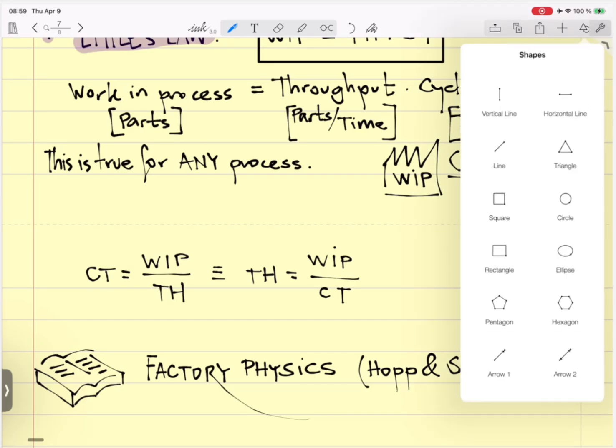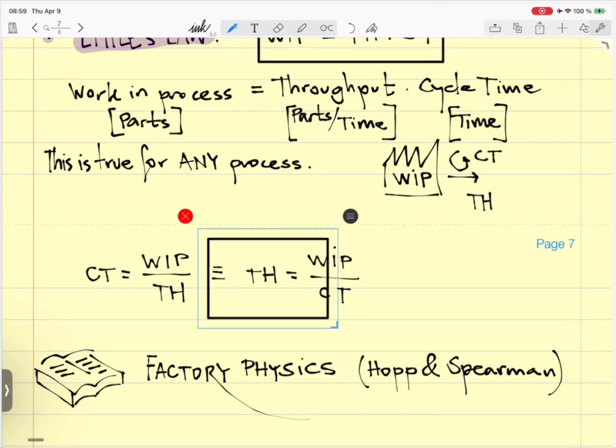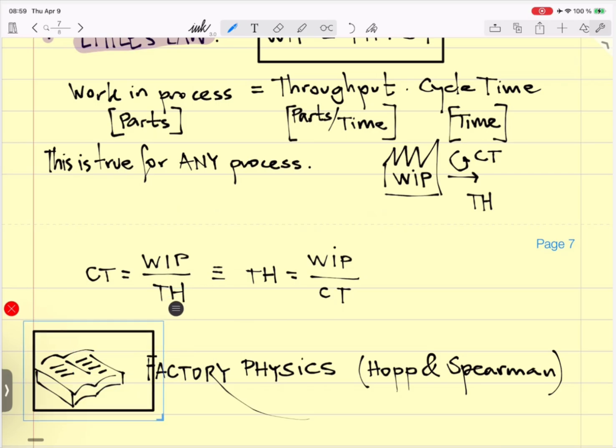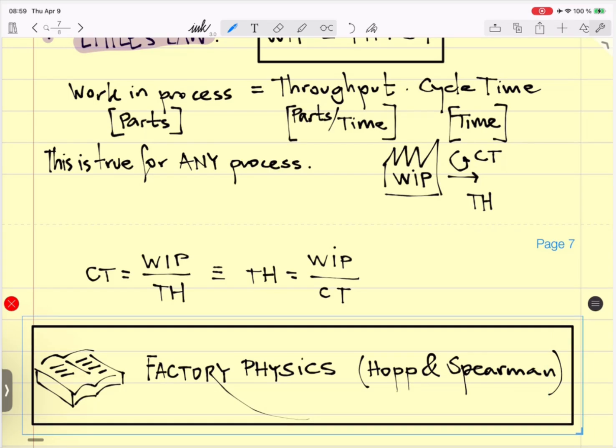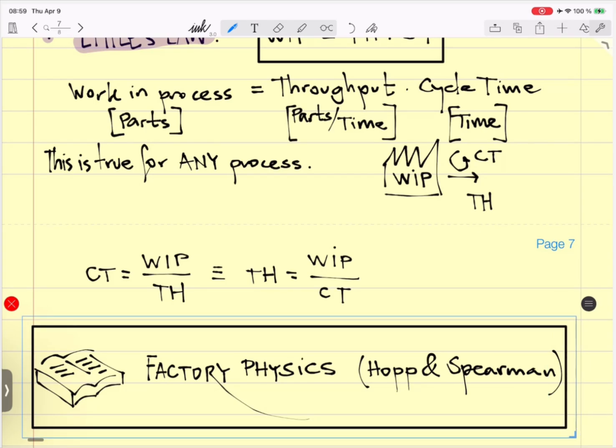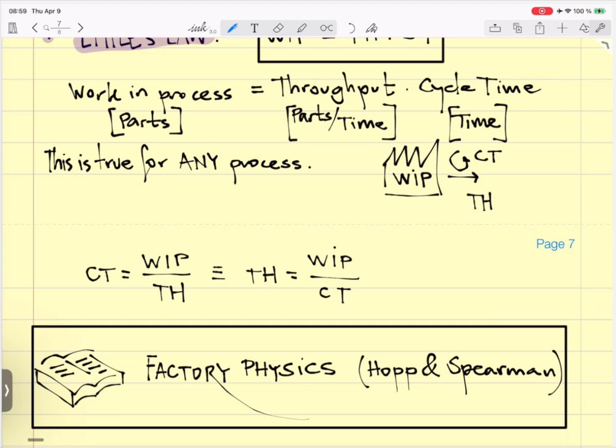If you are going to read one book in your life as a logistics expert, it is this book. If you understand this book, you will understand process management, you will understand the physics of a factory, of how processes work. Read it no matter what.